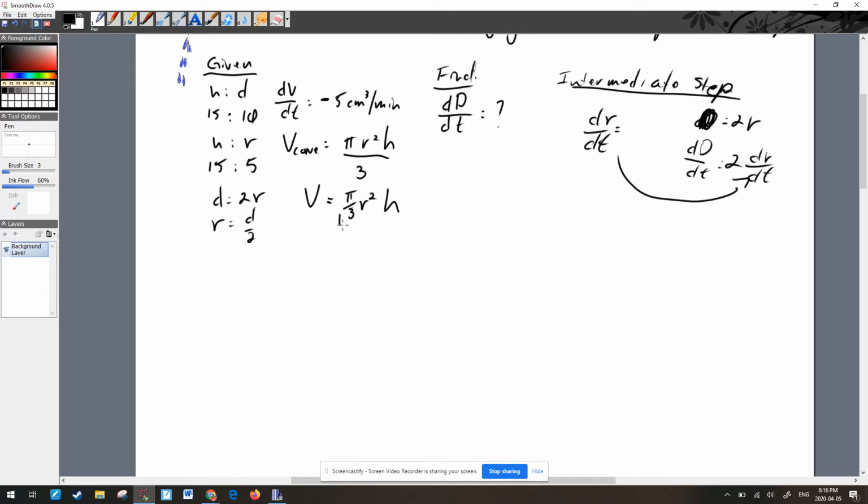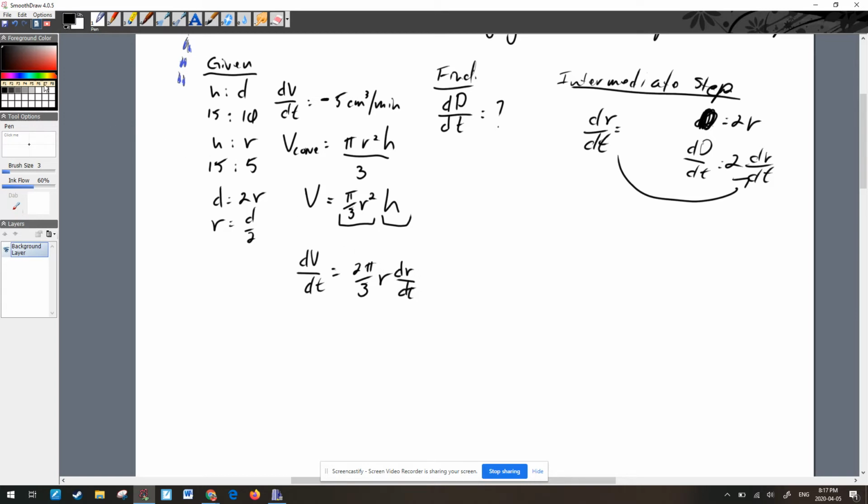I know I'm going to have to use the product rule. I'm going to treat that as my first, and that is my second. So here I go, I'm going to differentiate. We're going to have dv by dt is equal to, well, the derivative of the first is 2 pi by 3 r, and I differentiated r with respect to time, so dr by dt.